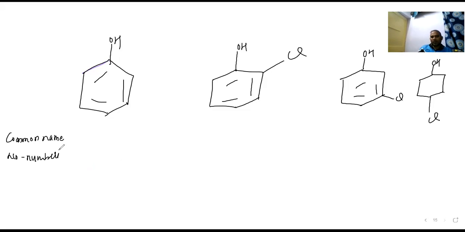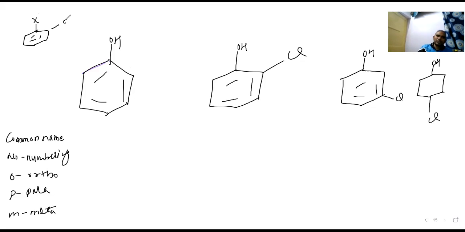What we write is O for ortho, P for para, M for meta. If some group X is there, this position is known as ortho, this is meta, and this is going to be para. Again the same way, ortho and meta.